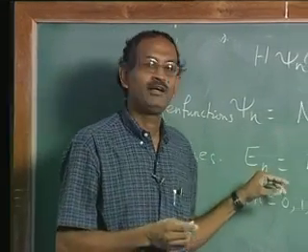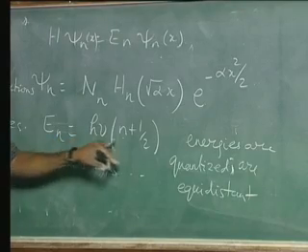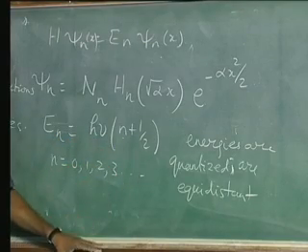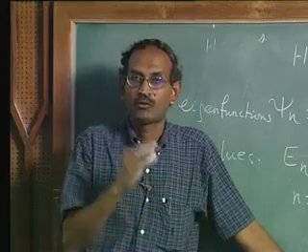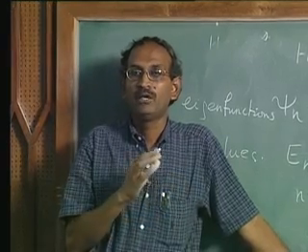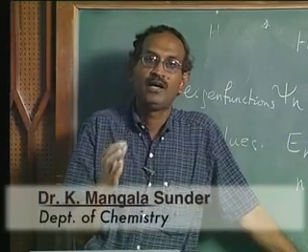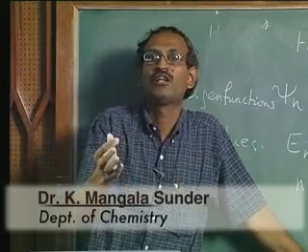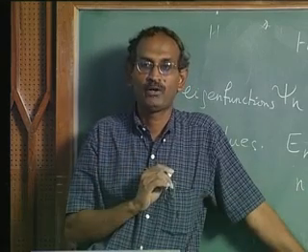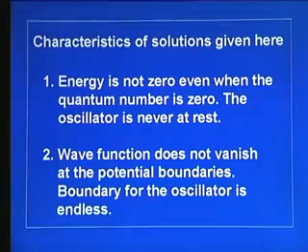So the fact that the harmonic oscillator energies are non-zero even when the quantum number is equal to 0 means that the oscillator is never at rest, and we are quite happy now that it is consistent with Heisenberg's uncertainty principle.